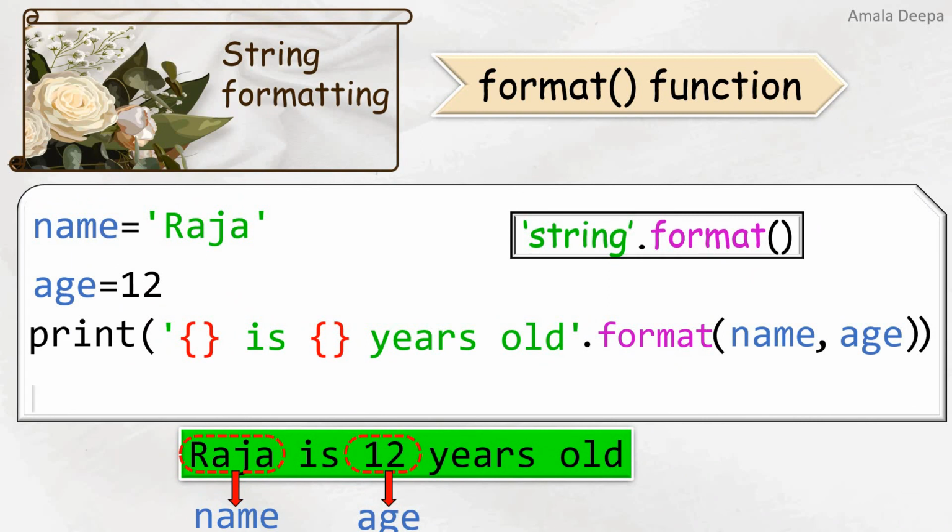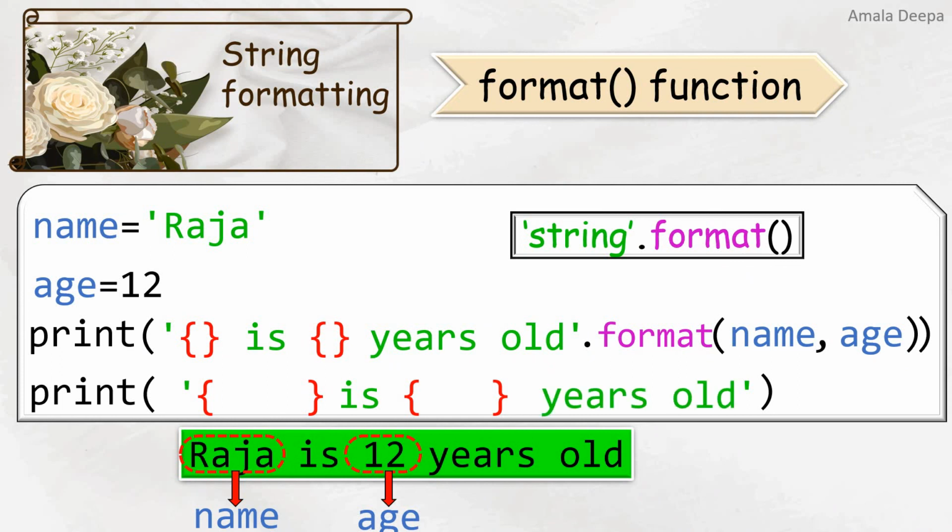Okay, now take the print statement, and within that you place a string. So I will take a pair of single quotes like this, and within this string, as usual, you place the placeholders. So first placeholder, is, and then again another placeholder, years old. And then instead of dot format name comma age, instead of this part, you just write the letter F in front of the string.